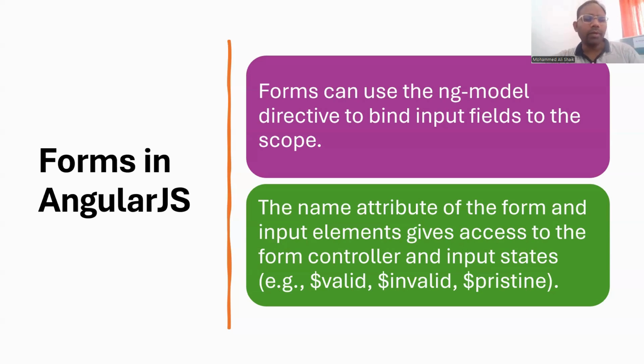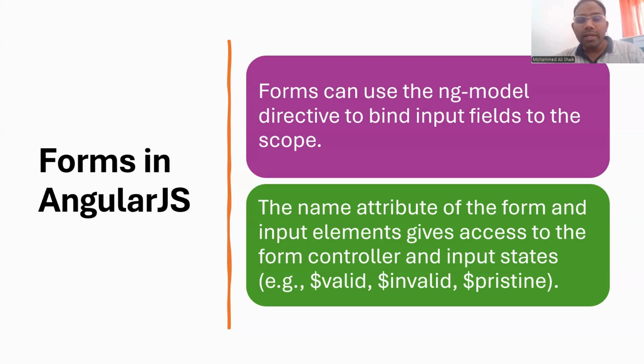So what is a form? A form in AngularJS is used to collect the input and bind it to application data. AngularJS enhances forms with two-way data binding, built-in validation, and easy interaction with controllers. So forms in AngularJS are powerful tools for collecting and validating user input.